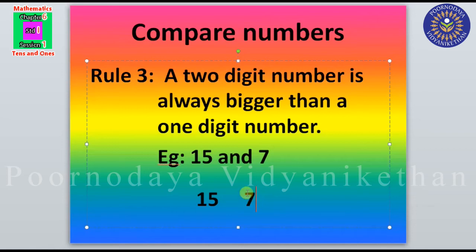So we can say 15 is greater than 7. 15 is a 2-digit number, so 15 is bigger than 7. So you have to put the greater than symbol: 15 greater than 7.